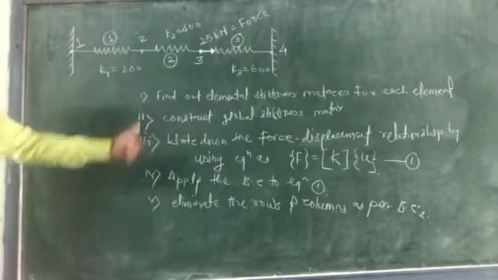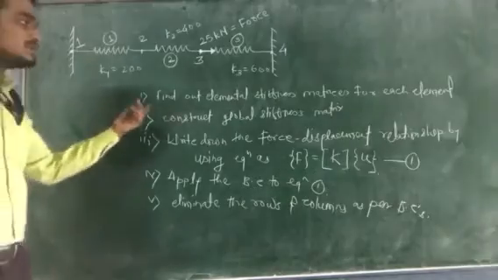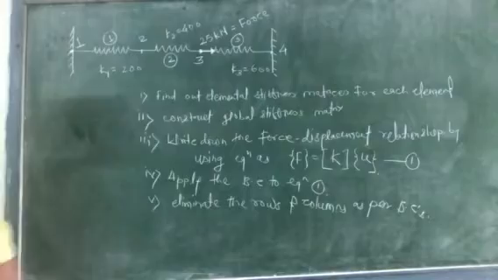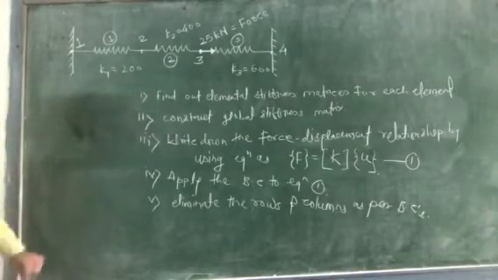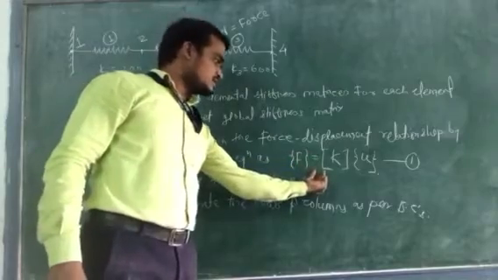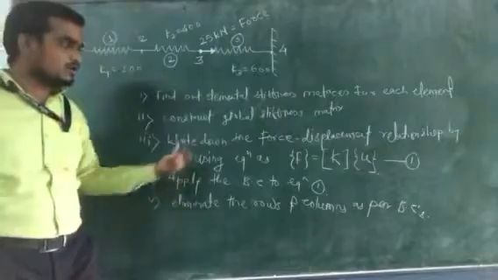Okay, so the first step is what? Find the elemental stiffness matrices for each element. The next one is what? Construct the global stiffness matrix by using these elemental stiffness matrices. The next step is what? Write down the force displacement relationship by using this equation. As we are aware, we have derived this equation for the bar element as well as for the spring element.